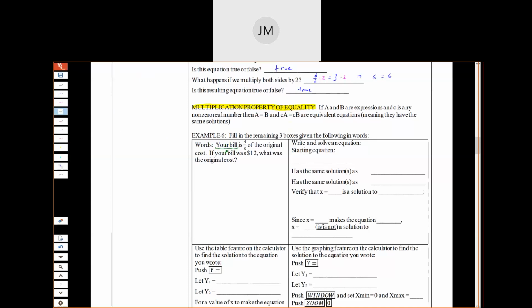Your bill, I can give that a variable name. Call that x. Your bill equals 4/5 of the original cost. The original cost, I'm going to call another variable. I'll just call it y.